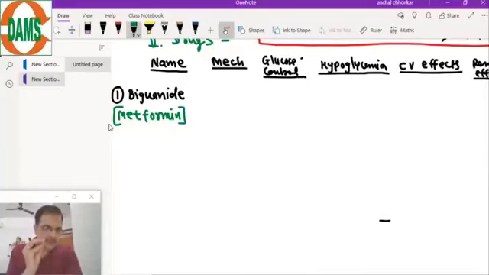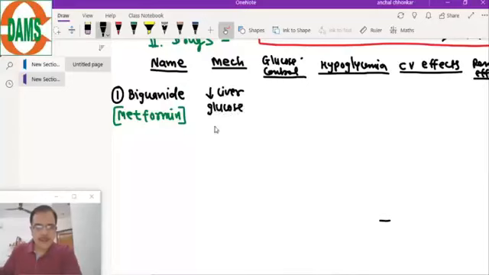Metformin is almost a 50-year-old drug, but its mechanism of action is still not known exactly. One of the proposed mechanisms is that metformin decreases hepatic gluconeogenesis. So this decreases hepatic glucose production, the liver glucose production.